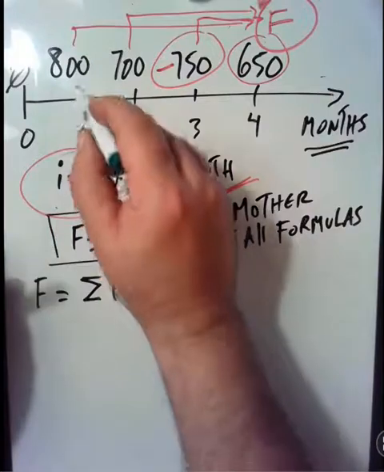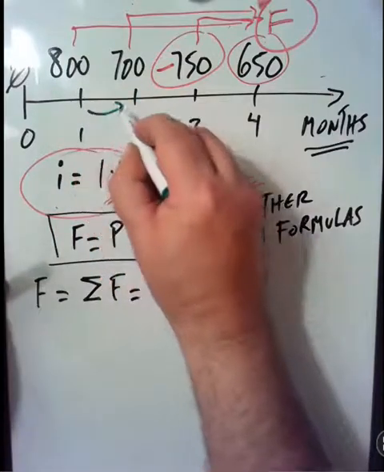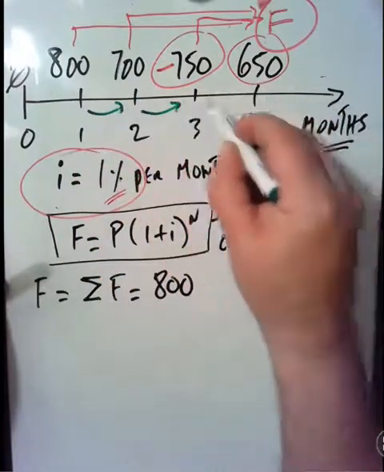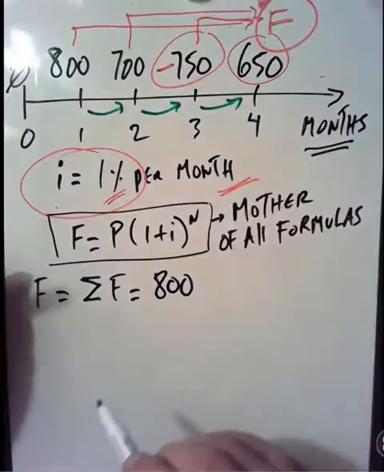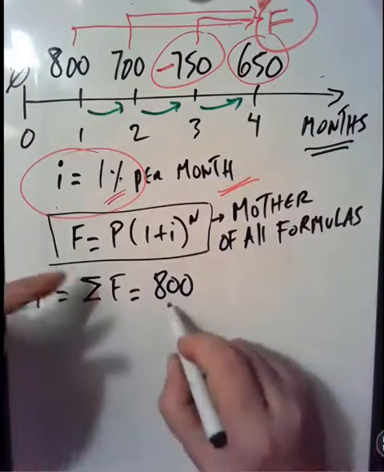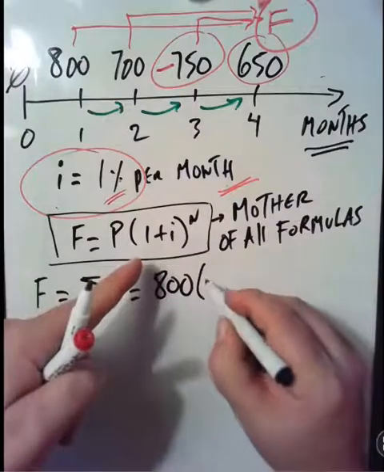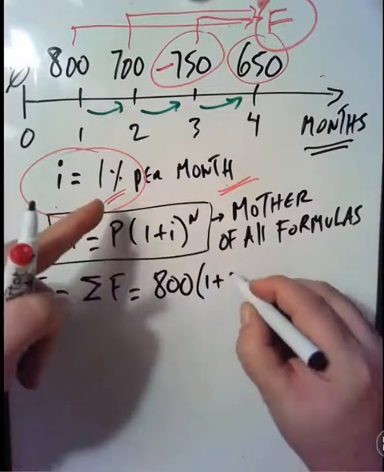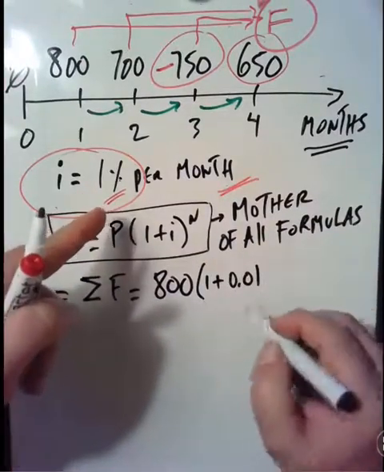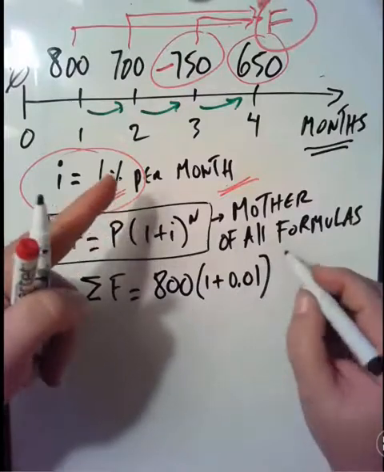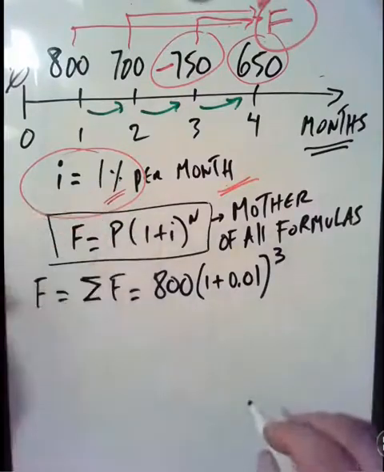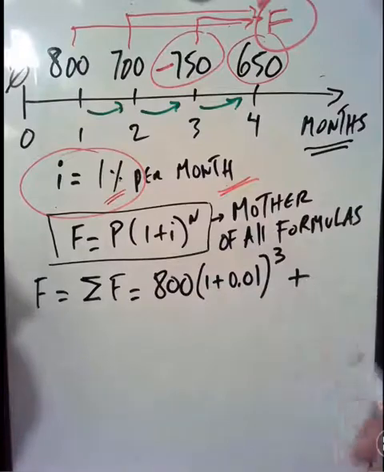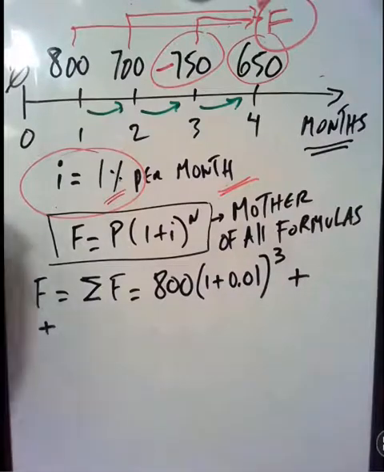So these $800 are going to earn interest 1 month, 2 months, 3 months. So 800 times 1 plus the interest rate, which is 1%, to the power of 3 months. That's how long the $800 are going to be earning interest.